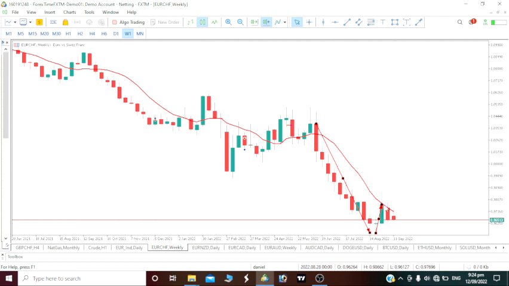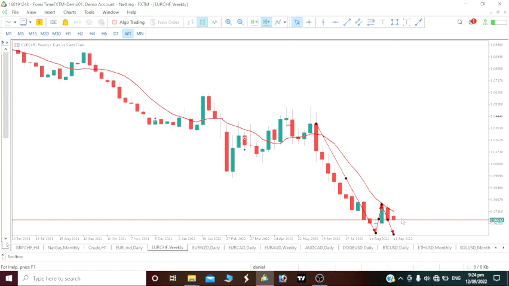It has gotten to our 10 period moving average. What we are expecting next after the pullback is a drop on this euro Swiss franc, which we've just actually gotten. So price has hit our 10 period moving average, and we are now expecting a drop on this euro Swiss franc.